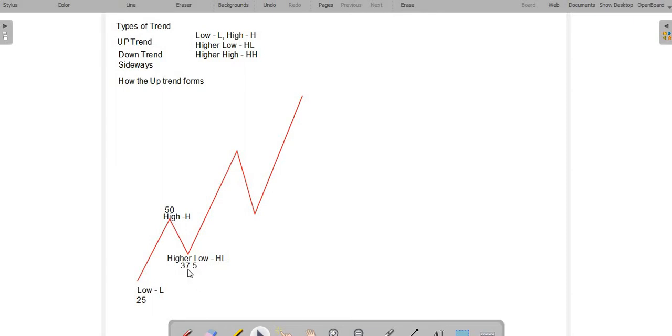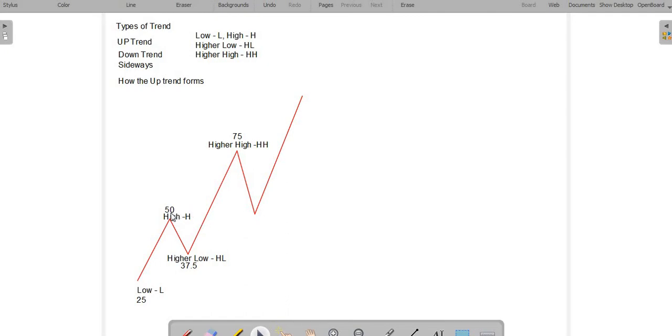That's HL. Now the market goes to a higher high, HH, which is 75. Why is it a higher high?